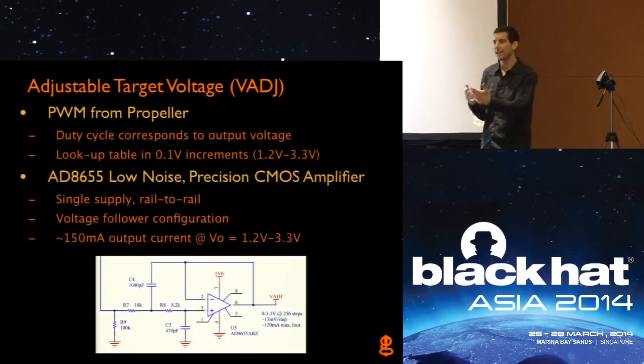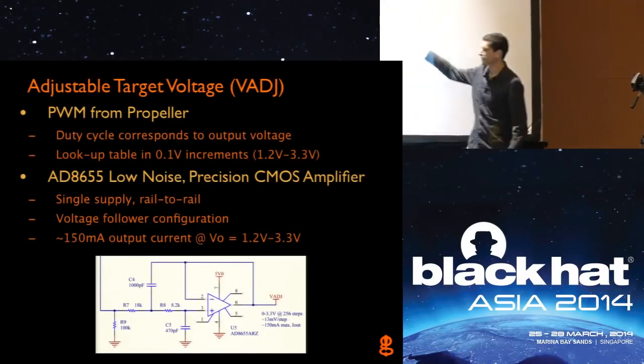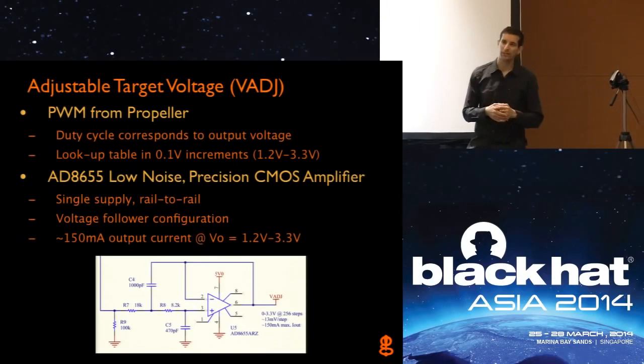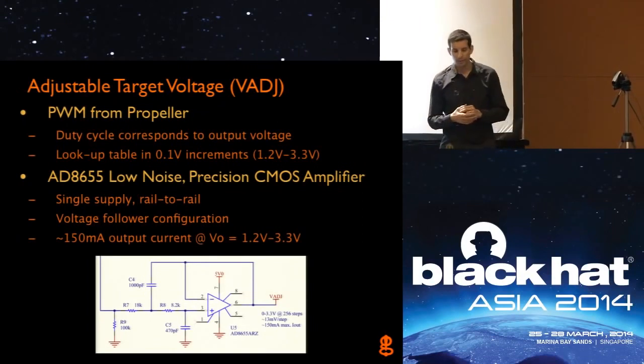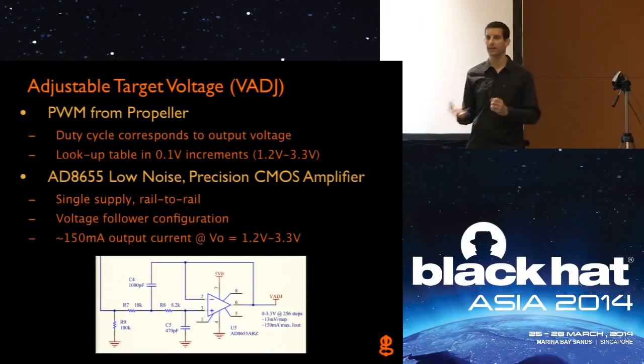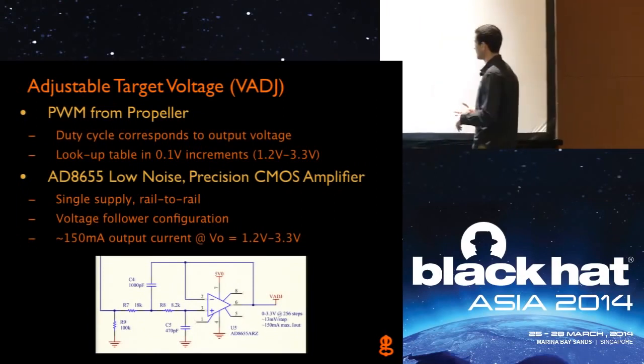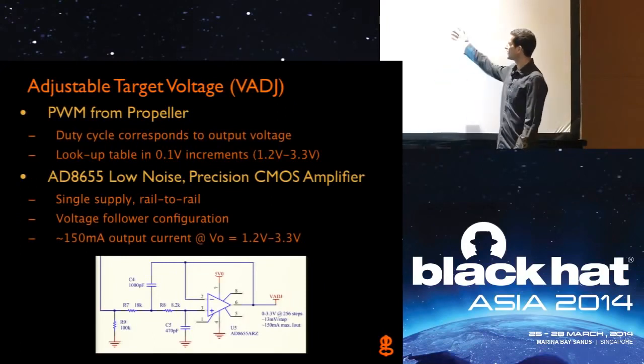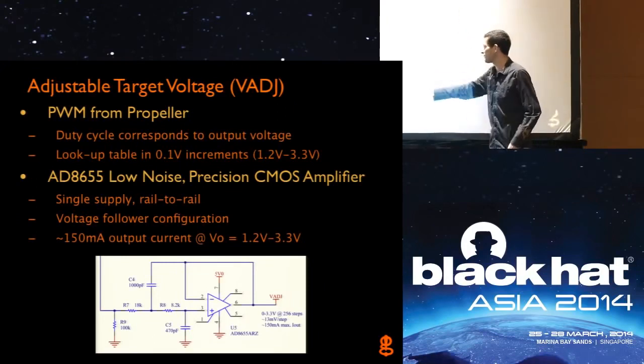So it sort of acts as this amplifier for us, where now we have a voltage, but we can also source some amount of current in case we want to use this VADJ line, the adjustable target voltage line, maybe to control the target or turn on the target or control another piece of circuitry or something. Gives it just a little bit more future expandability by having this buffer in here, and it's just safer that way too. So it's just a single supply standard op amp.